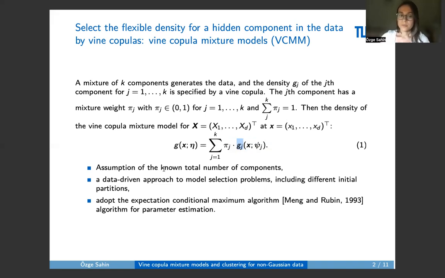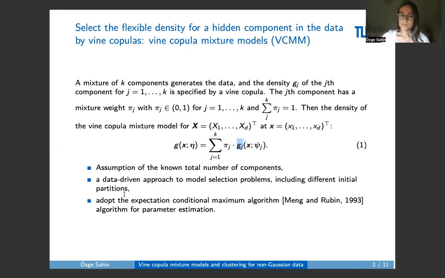Then we propose a data-driven approach to the remaining model selection problems, which also includes using different initial partitions to estimate the initial parameters. And then we adopt an expectation conditional maximization, meaning the ECM, algorithm for the parameter estimation.